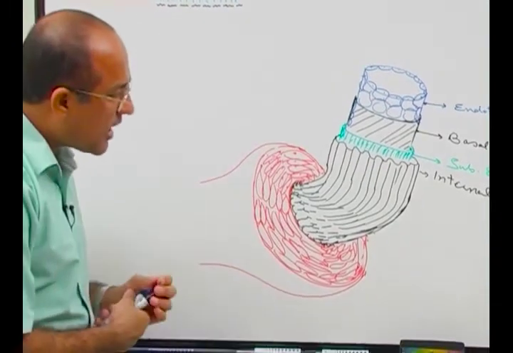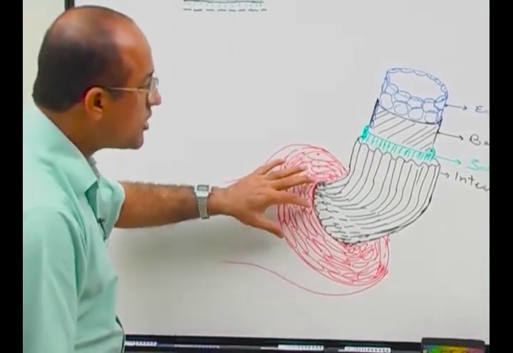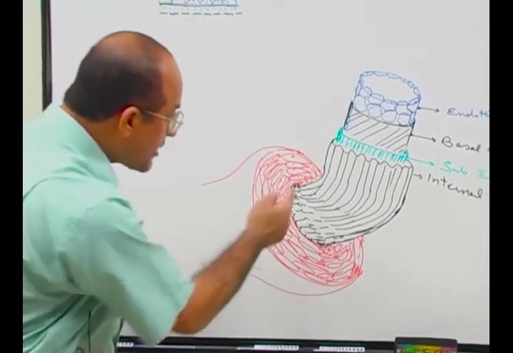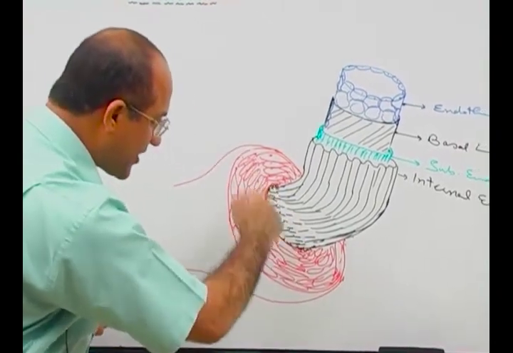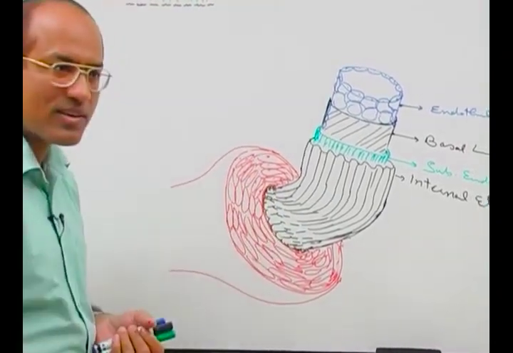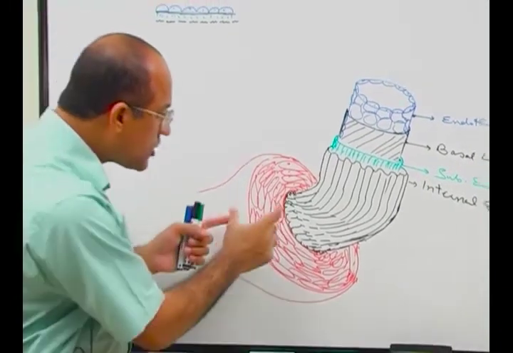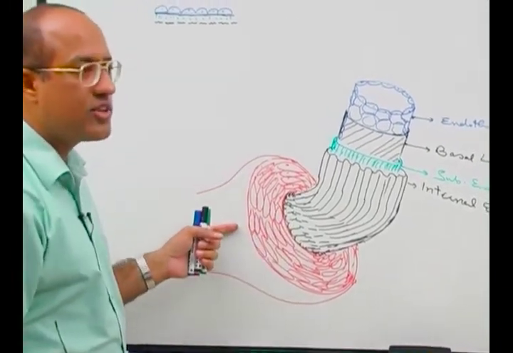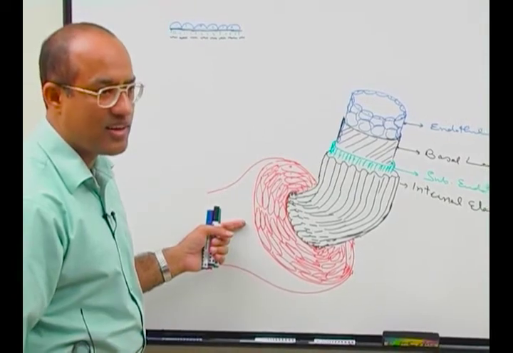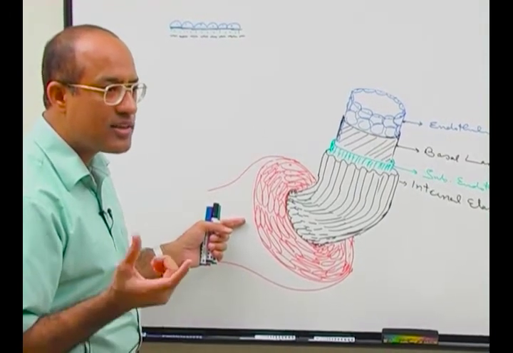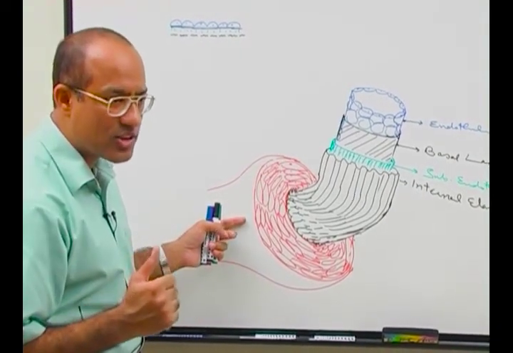Now in a medium sized artery, there are about 30 to 40 layers of smooth muscles which are making rings. But the composition of media changes according to the size of the vessel. I told you aorta is an elastic artery.